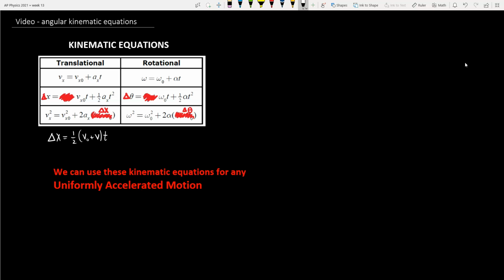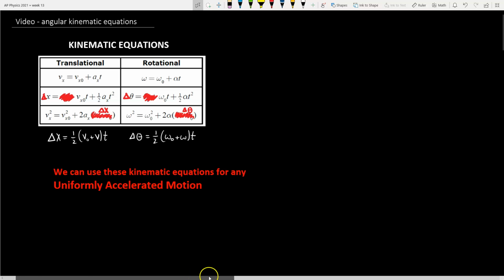I would put change in angular displacement is equal to 1/2 times the sum of the angular velocities times time. This is the average of the angular velocities times time. So any of these equations are fair game.